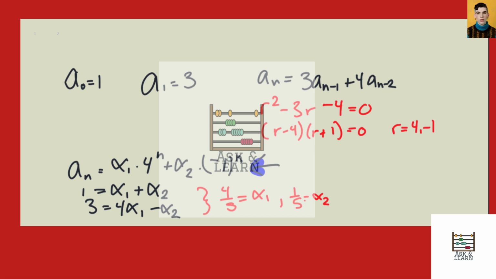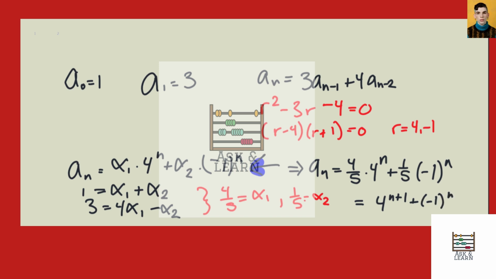So what we end up with is that a_n is equal to 4/5 times 4 to the n plus 1/5 times negative 1 to the power of n. And of course, these are both over 5, so we could simplify it a little bit as 4 to the n plus 1 plus negative 1 to the n over 5.